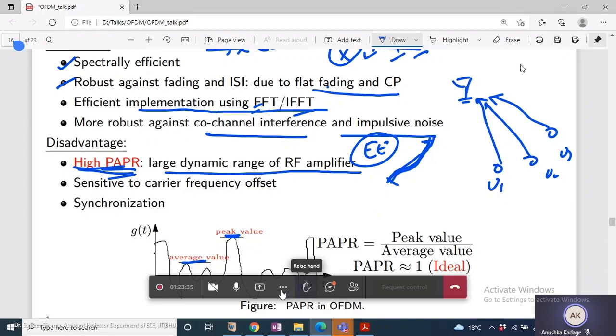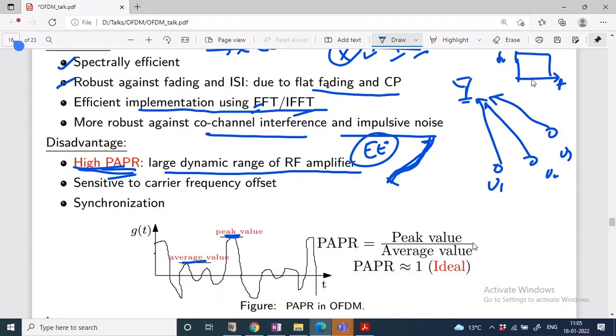What I mean is that generally, if you look at OFDM like this, this is time and this is frequency. The users are distributed independently, I will show you.